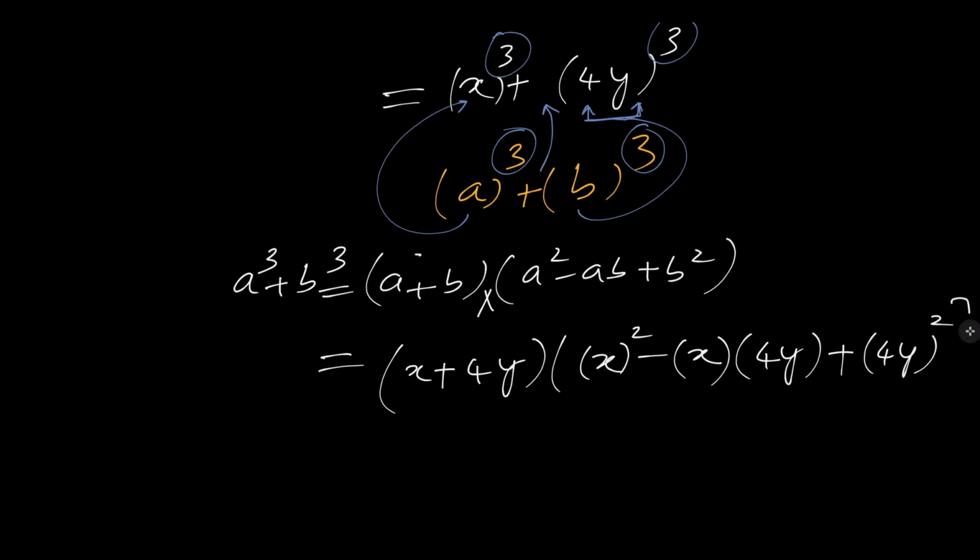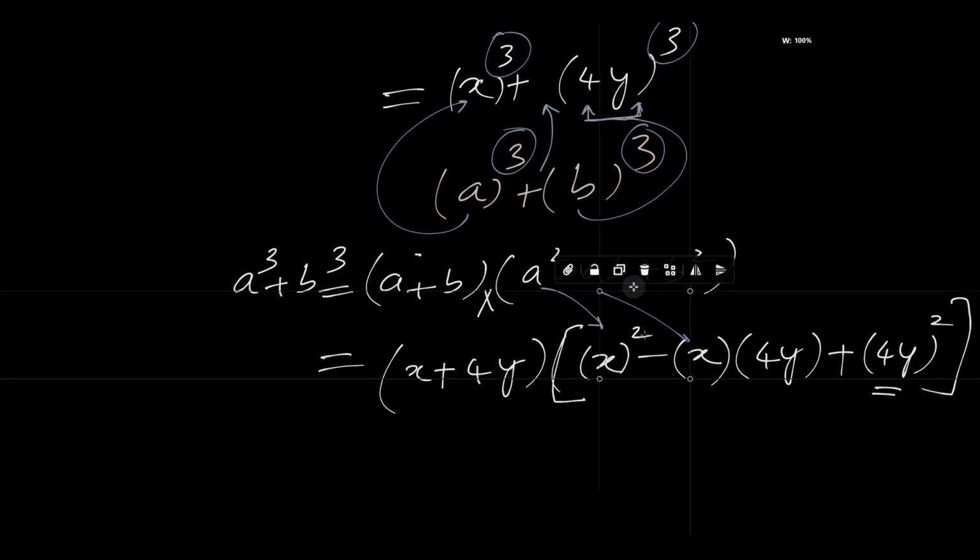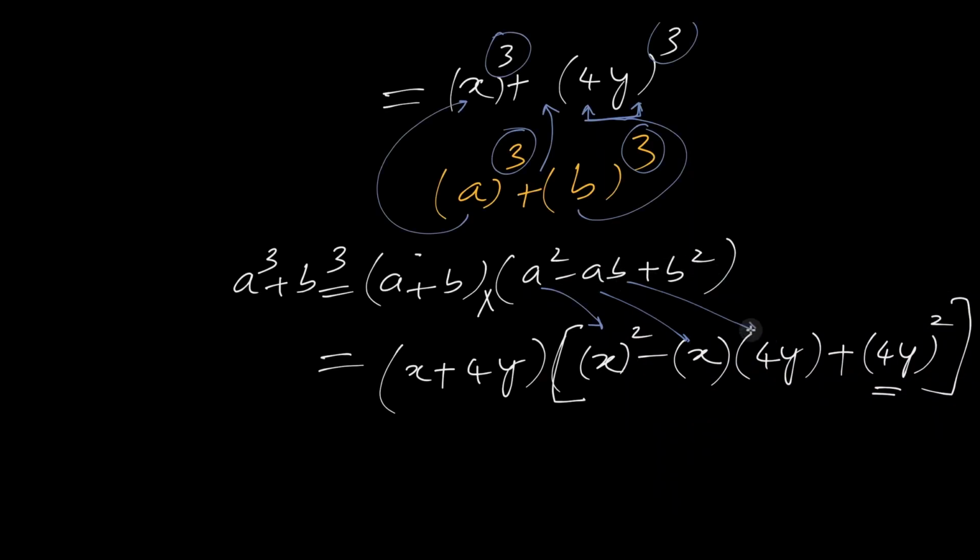Keep in mind that you have to say whole square, because b is 4y, complete 4y, and this square is coming from the formula. Let me map this one. So this is going to be a, this is going to be a, and this is going to be b, and this is going to be b square, and this square is coming from this square.